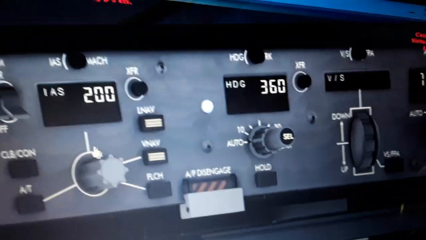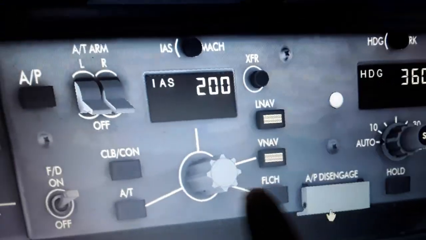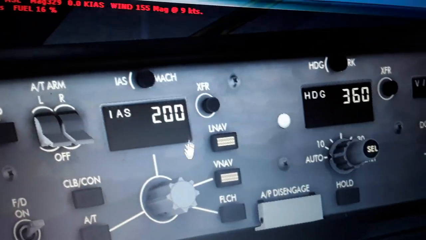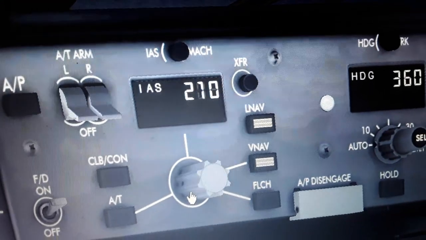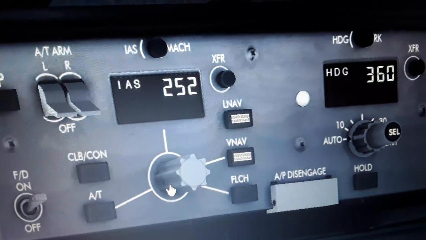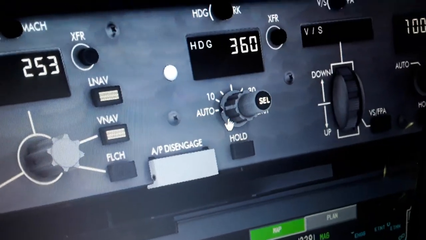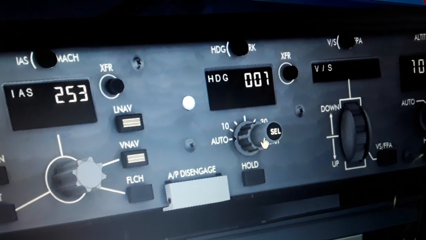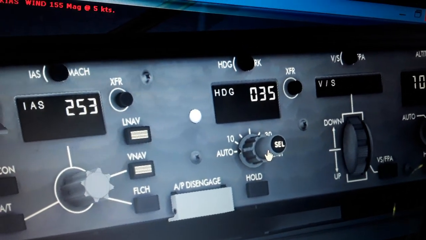The airspeed, we can have the flight level change, climb continuous, and auto throttle, transfer, indicated airspeed or Mach. So a few things we need to know. I use this airspeed, bank angle also. Heading, I'm gonna select a heading, takeoff.